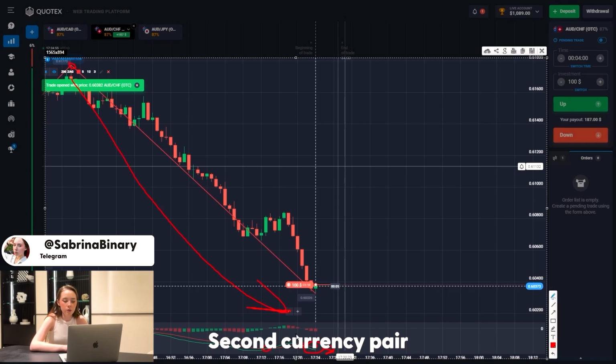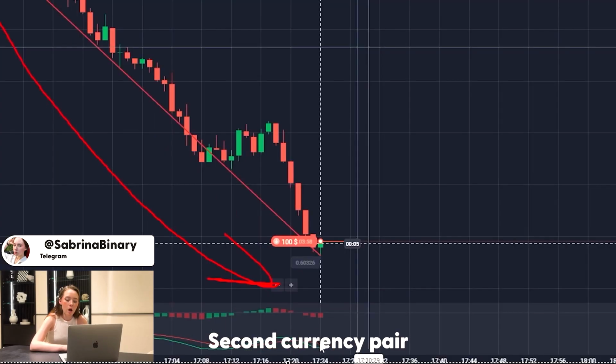That is the green line. The main signals that the indicator gives are the intersection of the MACD line and the signal line, this is red. When the main line crosses the signal line from the bottom up, that is, as in this case, it's a buy signal.